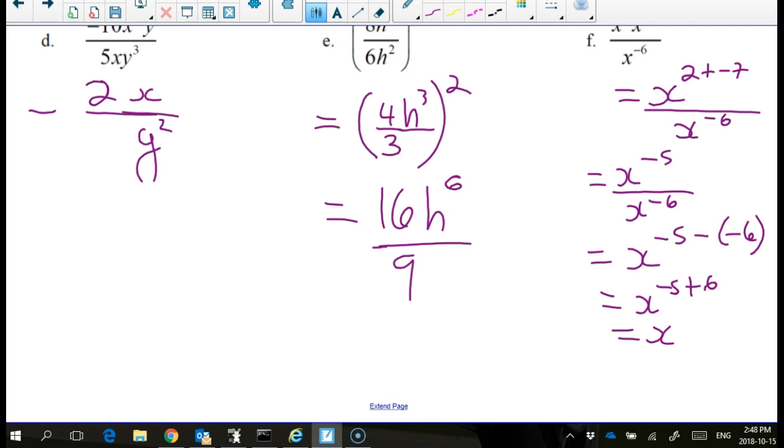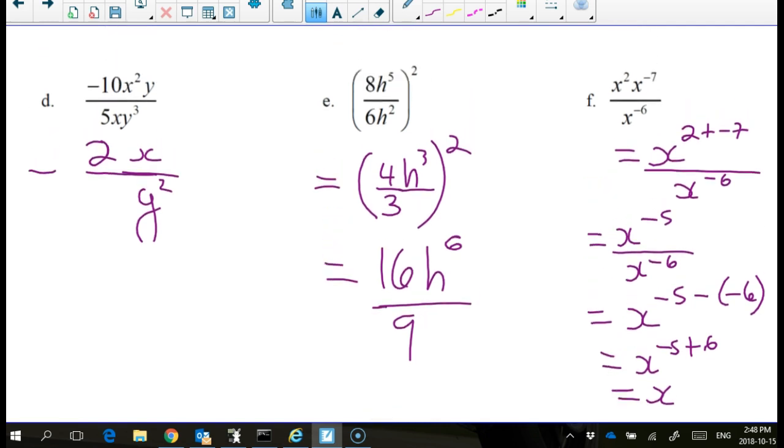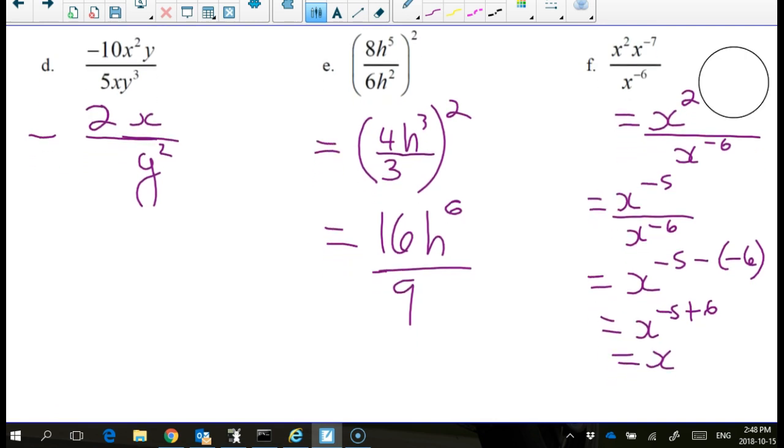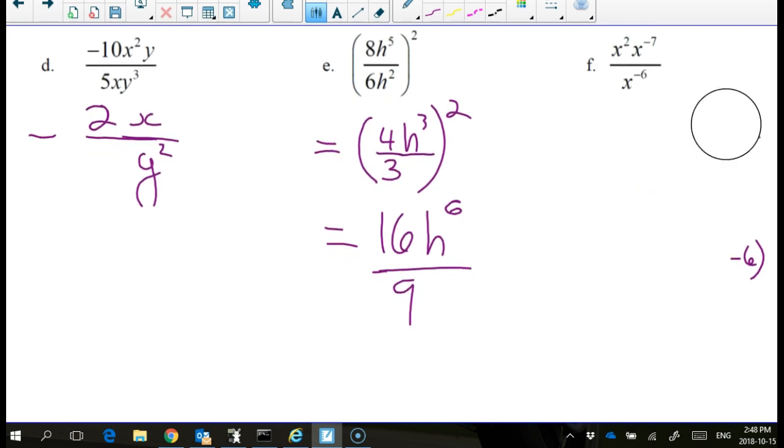That goes a little beyond what I think is reasonable. Yeah, you're showing work, but that's really a lot. Here's another possibility: you just do it all at once. You say it's x to the 2 plus negative 7 minus negative 6.